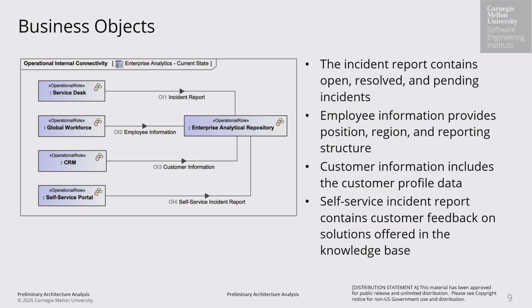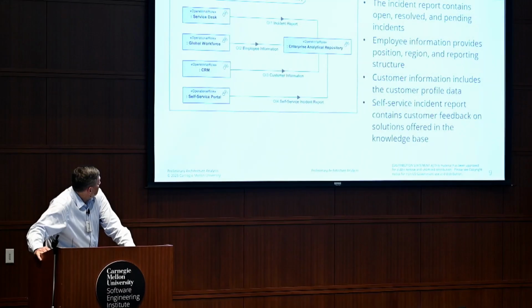This is very important, I think, to understand: by doing this current state type of architecture with the connectivity between major performers, you identify business objects that are in circulation here.